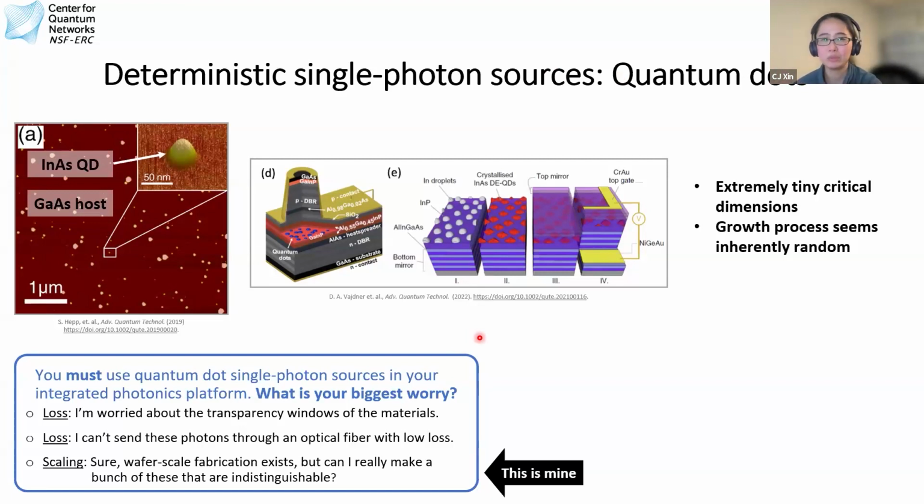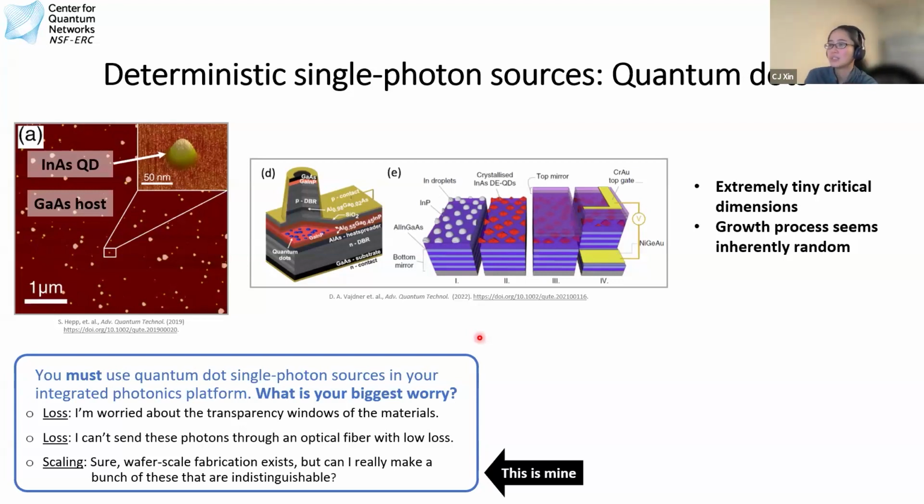Usually you show really high specs for one device, but for it to really become technology, you actually need to be able to make it repeatedly many times. So this is an active area of research. It might change forthcoming. But in general, the randomness means that every quantum dot you get has a slightly different wavelength, and then when you interfere them, it's kind of hard without a lot of active tuning.